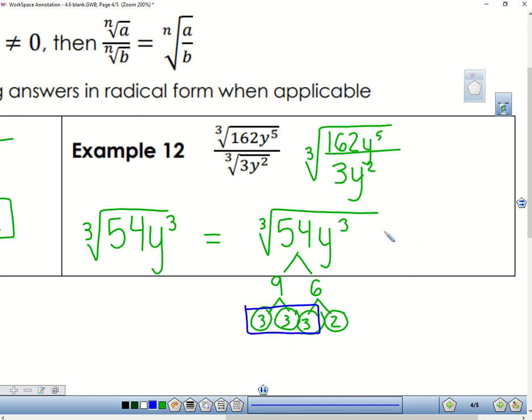So this becomes 3, and then we have the y, right? 3y, and then the 3rd root of 2. So that would be your final answer.